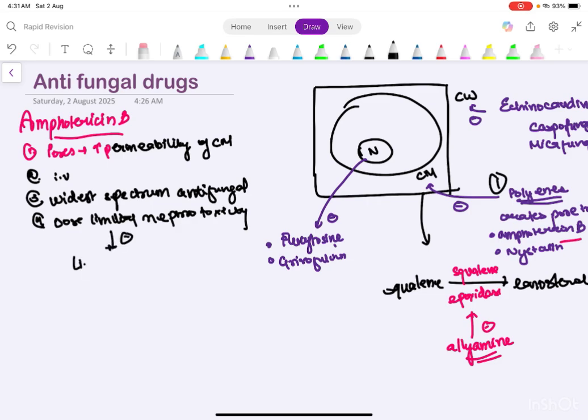Now, to overcome this, there are 3 preparations. One was liposomal amphotericin B. Then there was amphotericin B colloidal suspension. And then there was amphotericin B lipid complex. Okay.